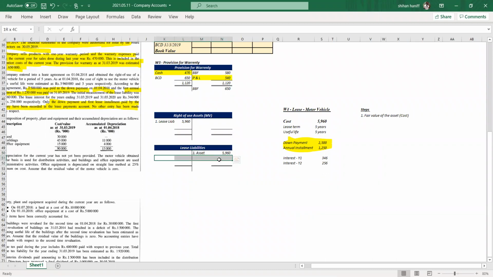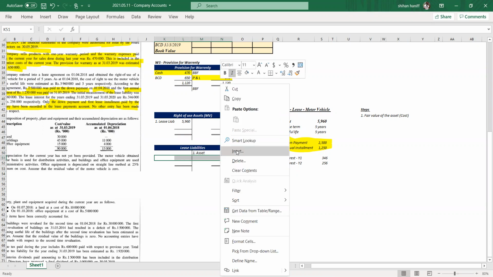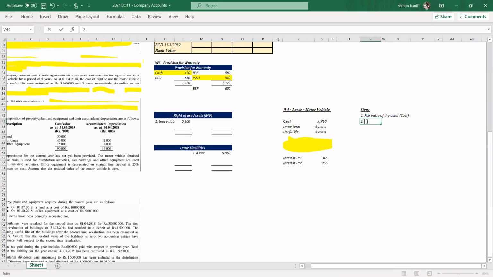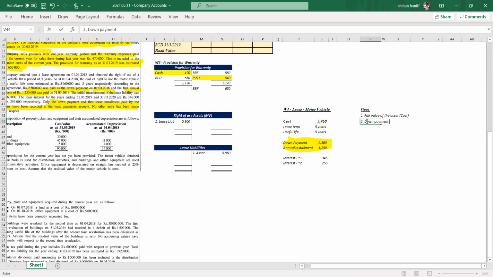Then what happens? We make the down payment. Number 2. Down payment double entry is cash account credit, lease liability account debit.